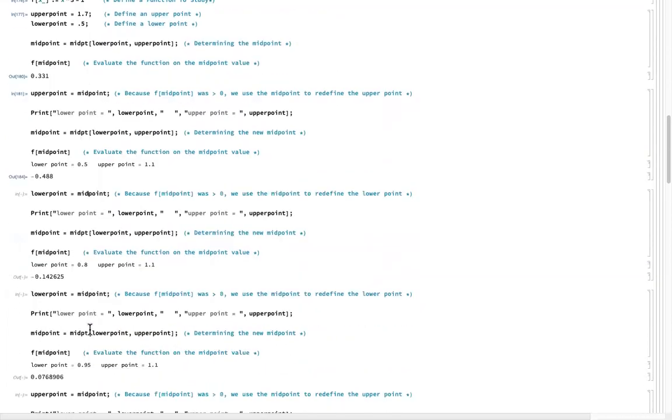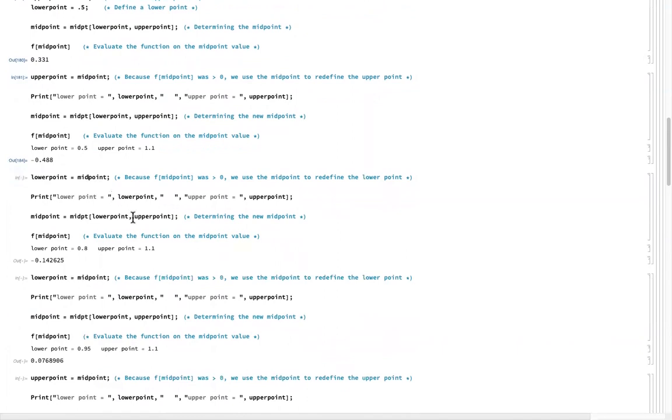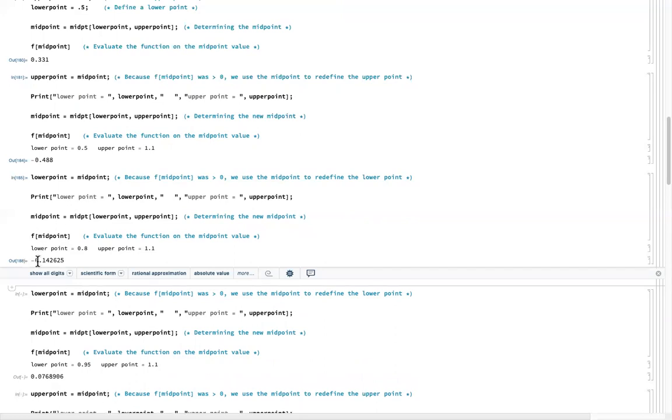And then we're going to print out the new lower point, new upper point, and then evaluate the midpoint. Store it away, and evaluate the function on that same place. And I get negative 0.1426, whatever. So it's negative, so that means I should move the lower point up to the midpoint again.